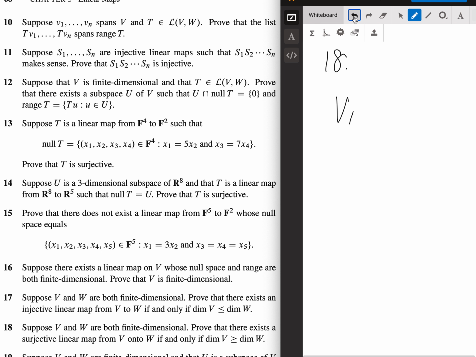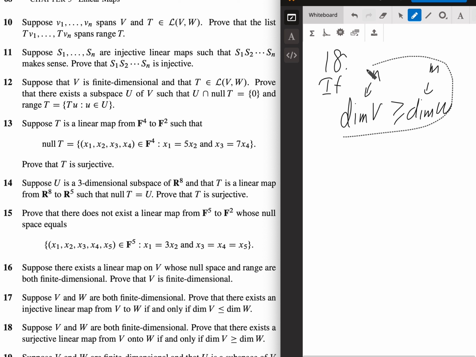So let's see. Suppose you have dimension V greater than dimension of W, and dimension V is equal to N, dimension W is equal to M. As usual, you want to show that. Let's go this way because I already wrote it down. If this is true, then you can do a surjective map, which you easily can. Well, I say easily, but I've done this so many times that it's become easy.